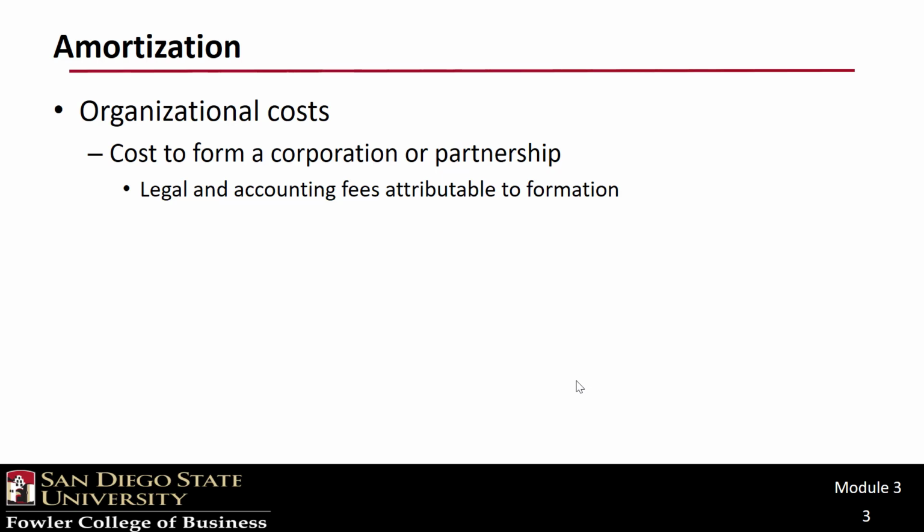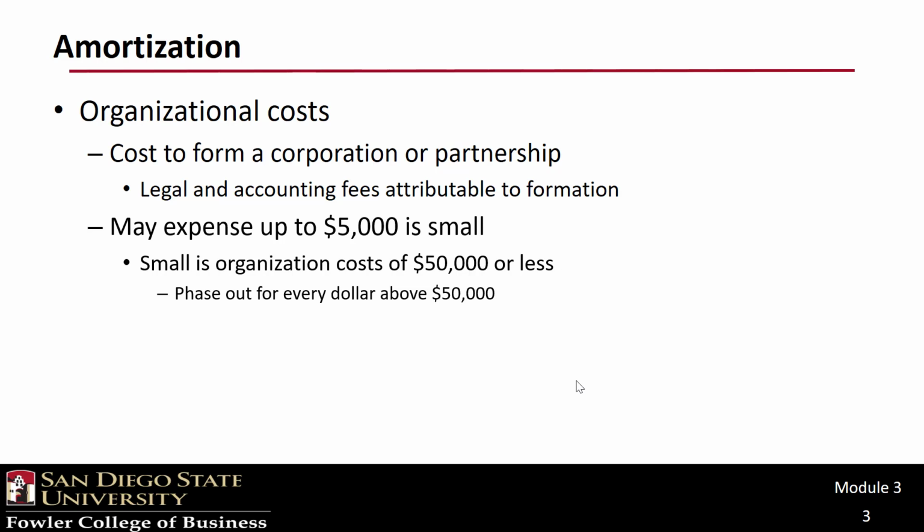In any event, the general rule for org costs under the tax law is to amortize these costs over 15 years, 180 months. However, to reduce the after-tax costs for small businesses, up to $5,000 can be expensed in the first year. So again, we have to cross the same old bridge. What does it mean to be a small business?